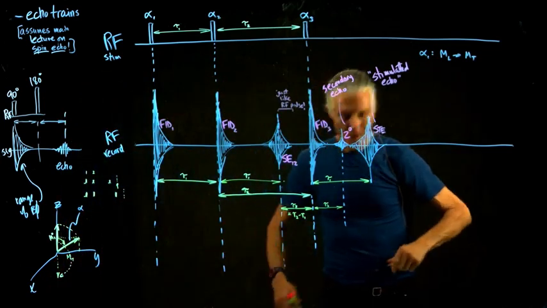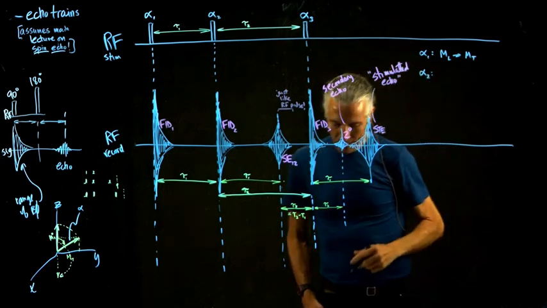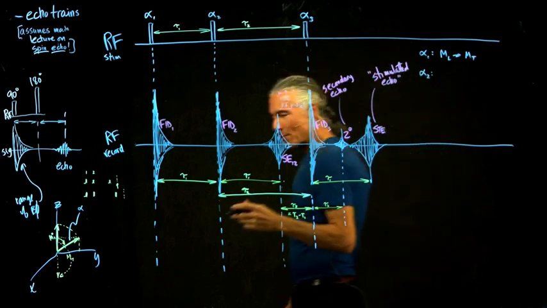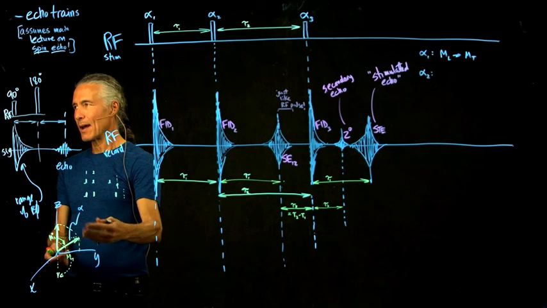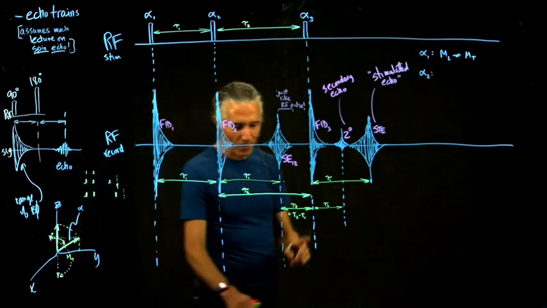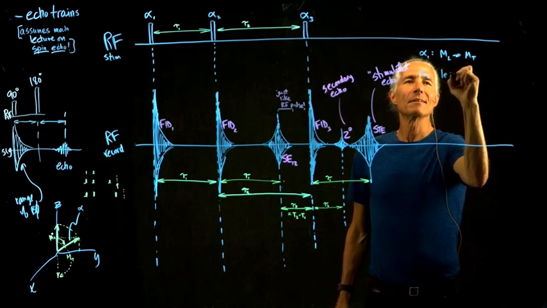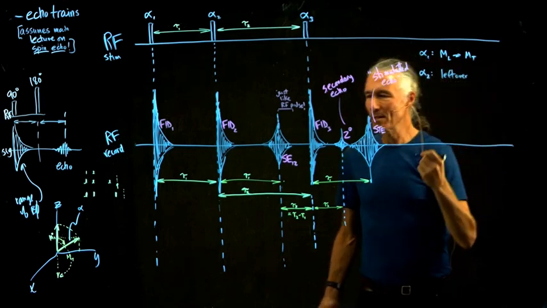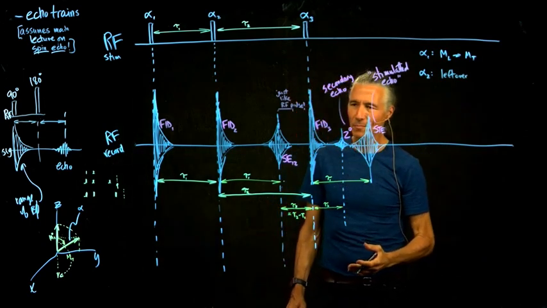Then the second pulse: one of the things it does is it flips things around to get the guys that were ahead now behind. But there's another thing that it does. And left over, there's still some hidden transverse magnetization.